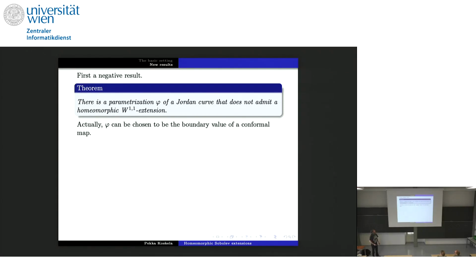And I chose the direction of a property of the Jordan curve, because if I want to use the conformal map here, I cannot choose the homeomorphism anymore. It is the one given by the conformal map. So I would like to have a geometric condition on this Jordan curve so that I can extend any boundary homeomorphism to W11.